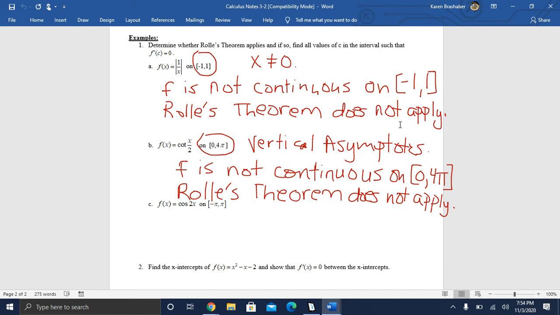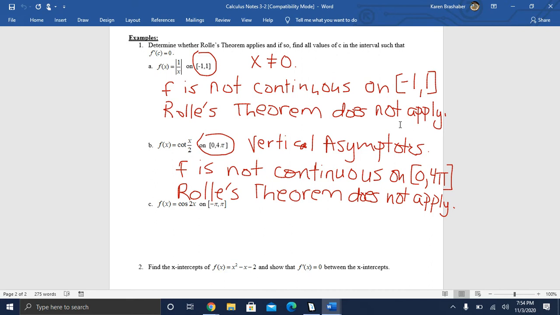Now, it would depend on what the interval is. If you narrow down the interval enough, or if it's beyond where the discontinuity occurs, then Rolle's theorem could apply. So you have to check the interval as well as the type of function. On the trig ones, you can check that out graphically, or if you've got something algebraic, you can check that out as well.